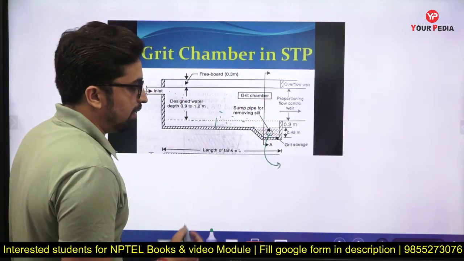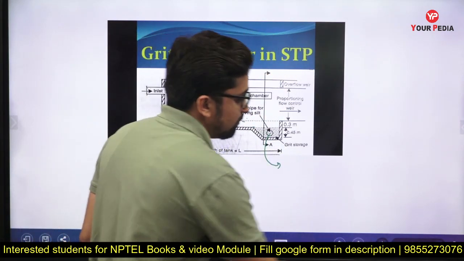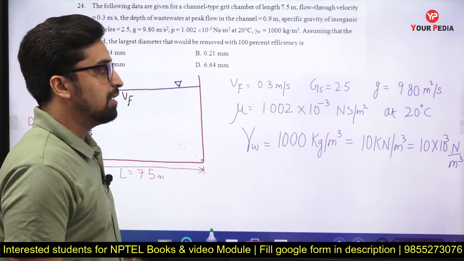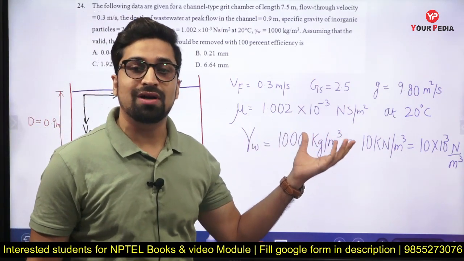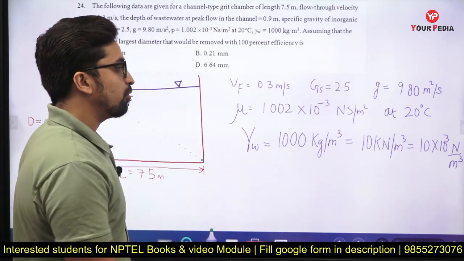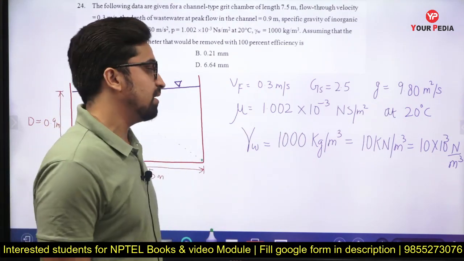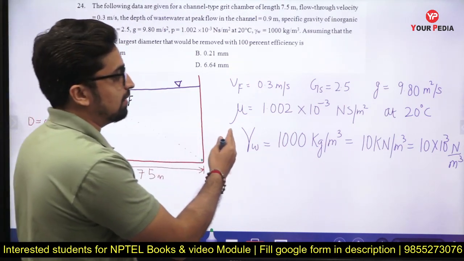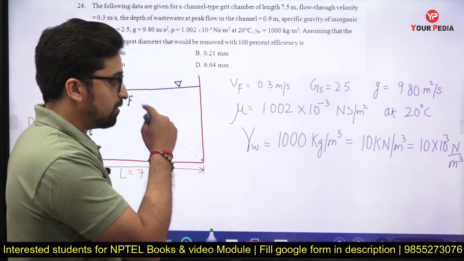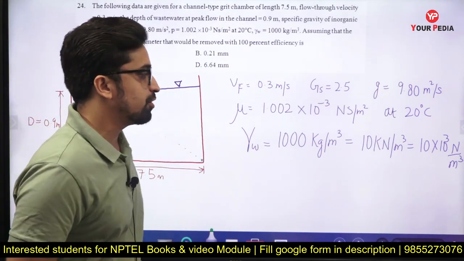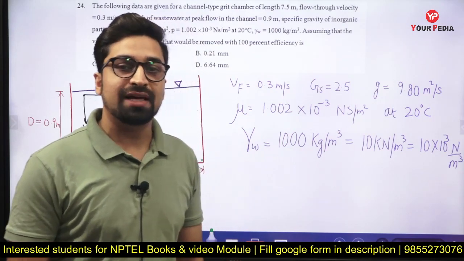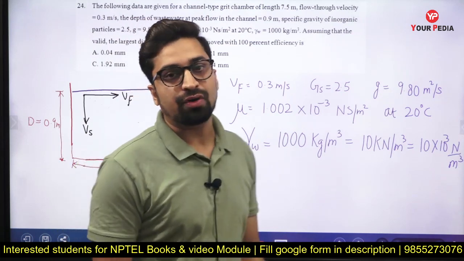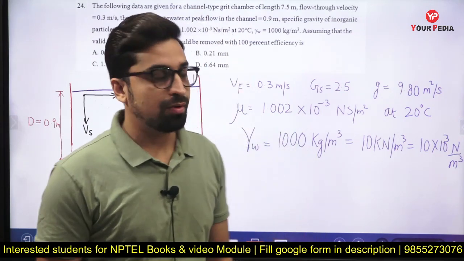So now let us come back to our question, right? Here they have given you the velocity of flow as 0.3 meter per second, specific gravity of solids is 2.5, acceleration due to gravity is 9.8 meter per second square, and dynamic viscosity of the fluid is 1.002 into 10 to the power minus 3 Newton second per meter square at 20 degrees C, and gamma of water, or the unit weight of water, is given as 1000 kg per meter cube, right?